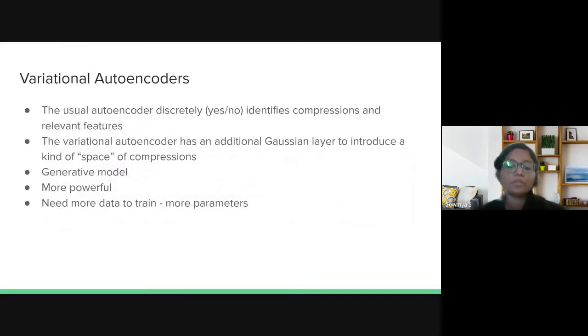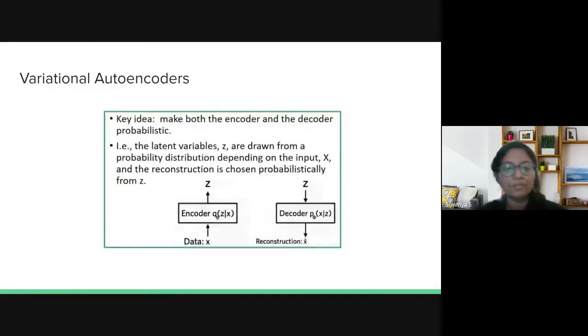So here what we do is that we try and find out what distribution these intermediate representations are coming from. So instead of simply having a path or intermediate representation, we now have to model distributions.